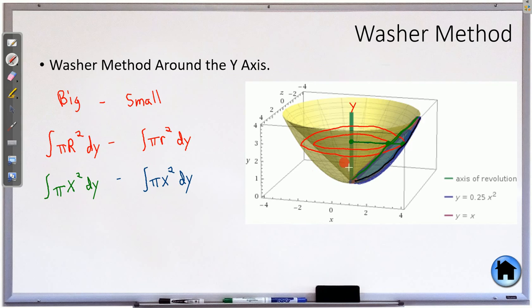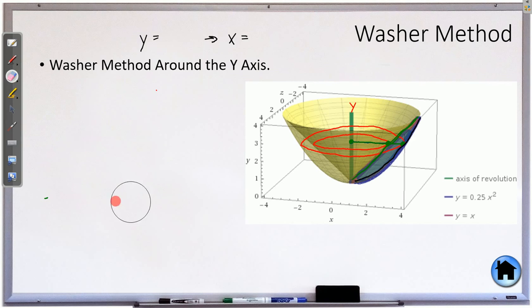So we're again going to have to solve our equations, which usually start out y equals something. We are going to have to do some algebra and turn those into x equals something, so we can substitute in the x here and substitute the x in there. But again, the idea of big minus small is still happening.